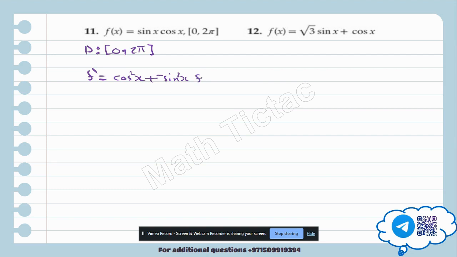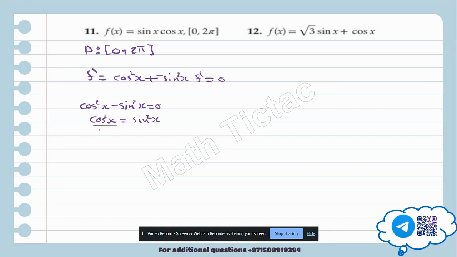Okay, now make the derivative equal to 0, so that will give me cosine square x minus sine square x equals 0. Now move the sign to the side, so cosine square x equal to sine square x.